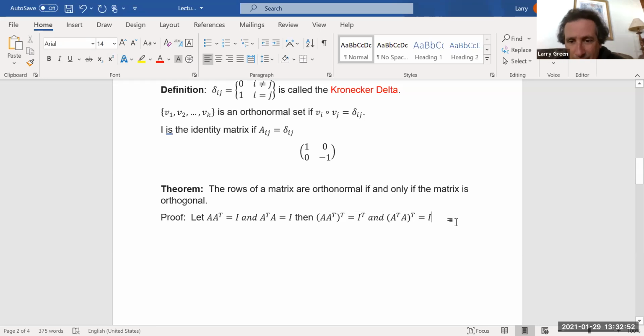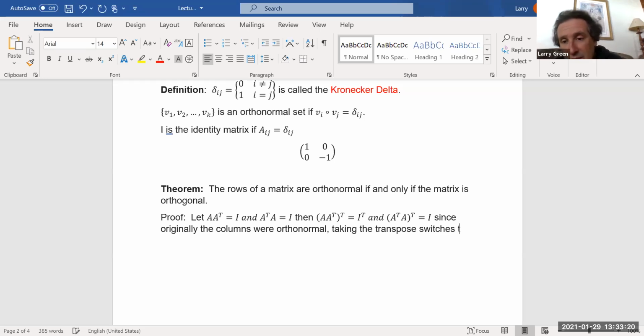So therefore, since originally the columns were orthonormal, taking the transpose switches the columns to rows. Any questions on that?